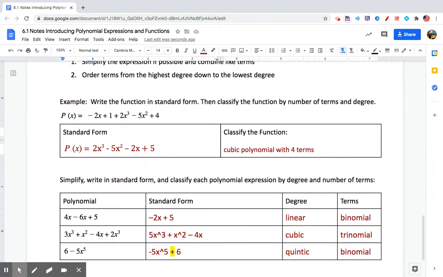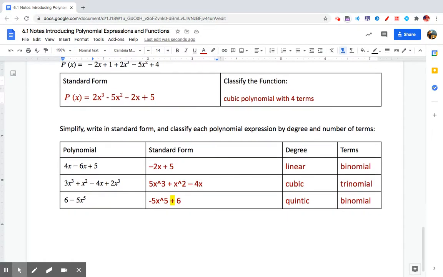So then we would want you to be able to simplify each of these polynomials and write them in standard form, and then classify them by the degree and the number of terms. So in this first expression, the x terms, the linear terms, can be combined. They're like terms. We end up with negative 2x plus 5, which is a linear binomial.